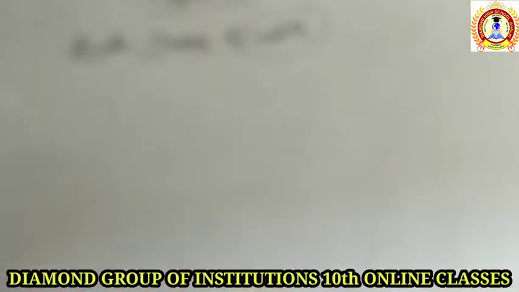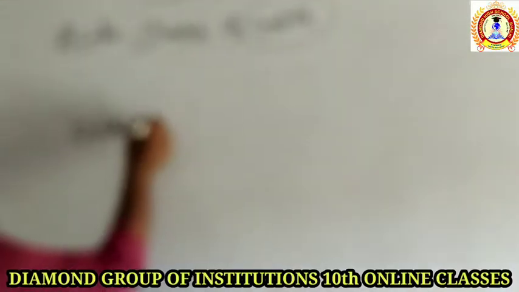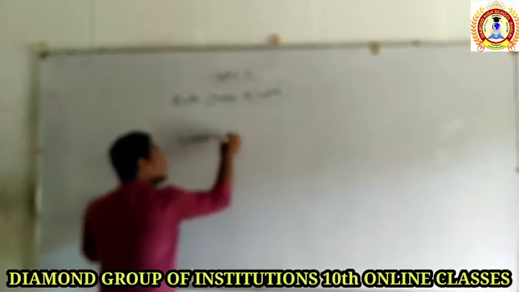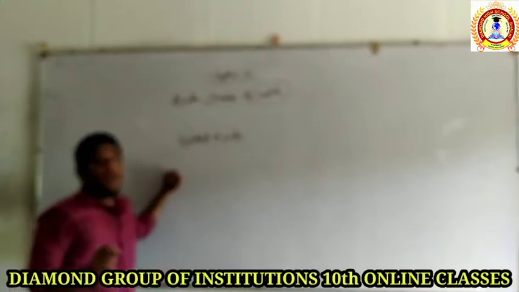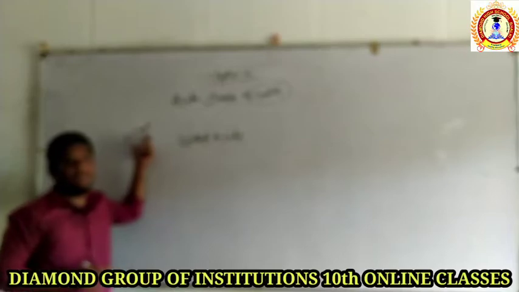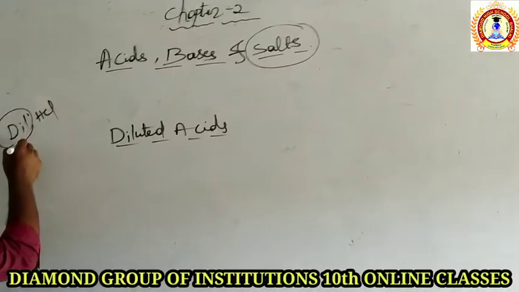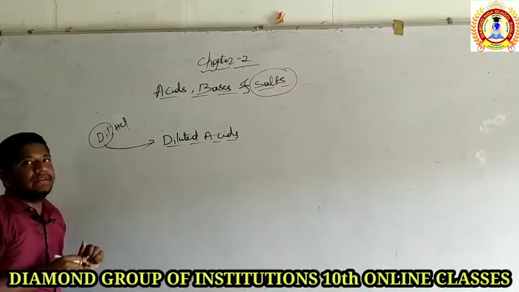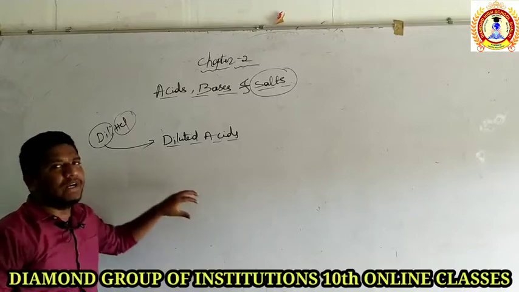Now, what is meant by diluted and concentrated acids? If you have labels like this on the bottles, what is meant by this? Actually the DIL shows here that it is diluted acid. Then what is meant by diluted acids?